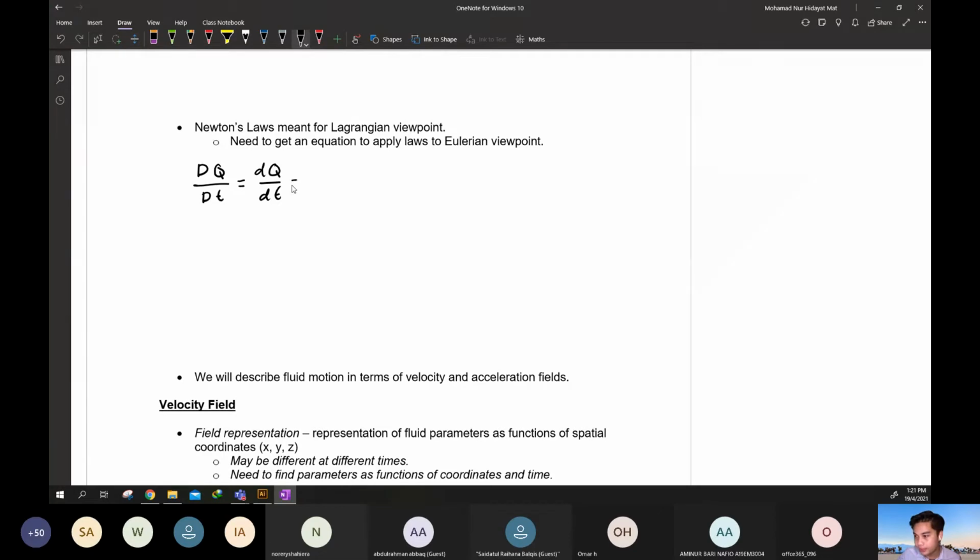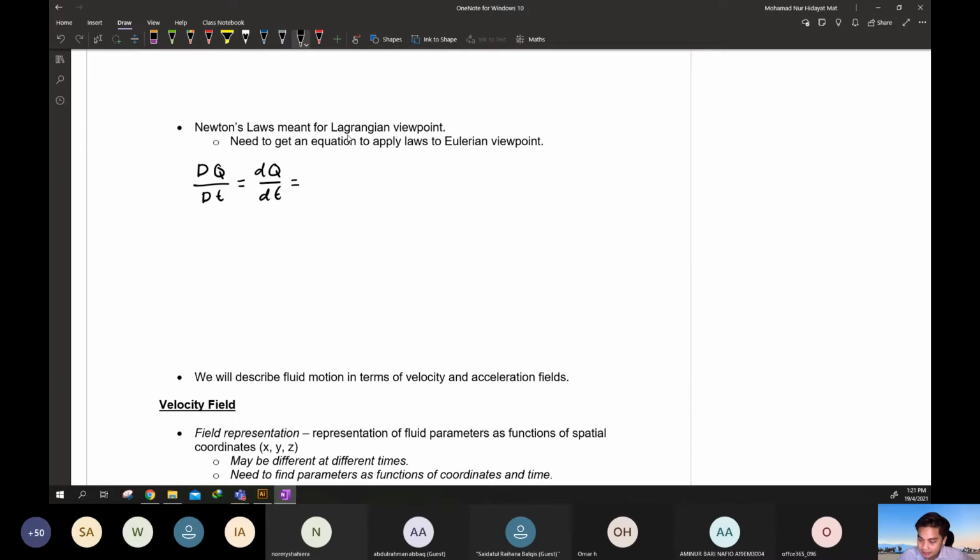As I mentioned before, this is the whole, which means we monitor in terms of X, Y, and Z. So in this case, we need to separate into X, Y, and Z components. Remember that when we talk about the Eulerian description, we focus on time and space.